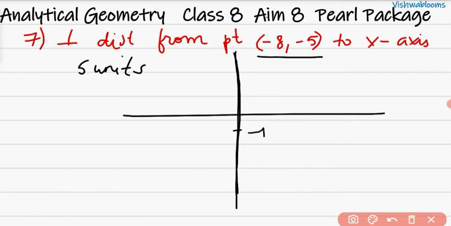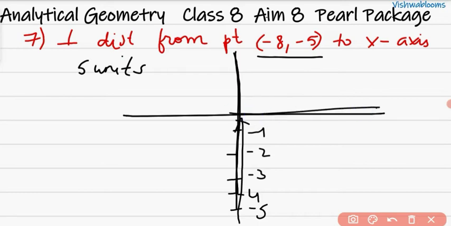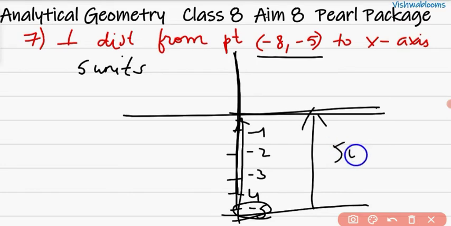First I will mark minus 1, minus 2, minus 3, minus 4, and here minus 5 it is there. Now from here to the x-axis, from this minus 5 to the x-axis, it is going to be 5 units.